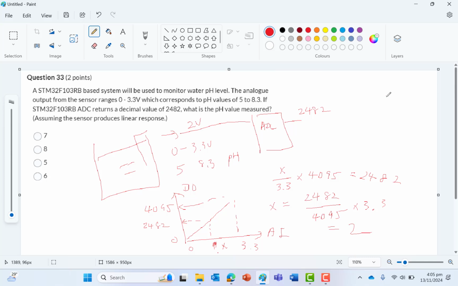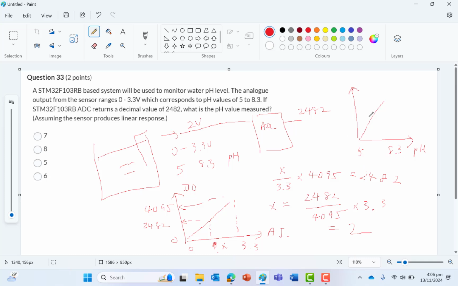You need to have another straight line curve. The question says the sensor has a linear response. Let me show you what it means. This one is the pH, and the pH can go from 5 to 8.3. Some of you may notice that the range is actually 3.3. This one subtract this one, the range here is 3.3.